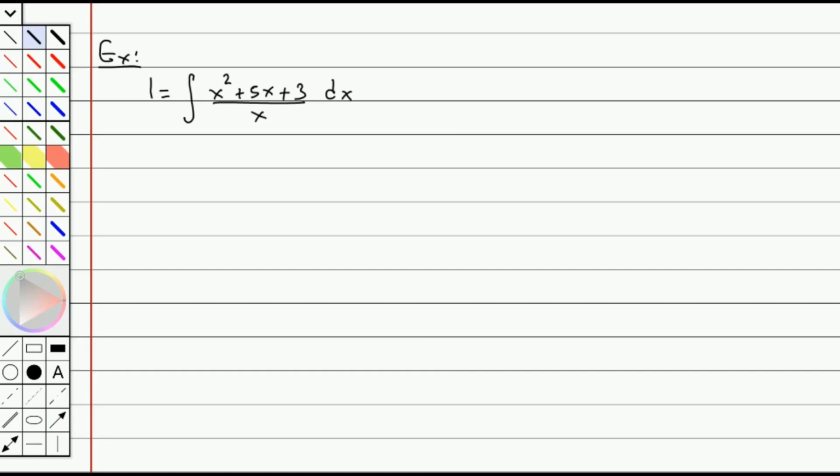We are lucky because the denominator is a single term. So we can say equals the integral of x squared over x plus 5x over x plus 3 over x dx. We can simplify the square with x and x with x, and let's break them apart.